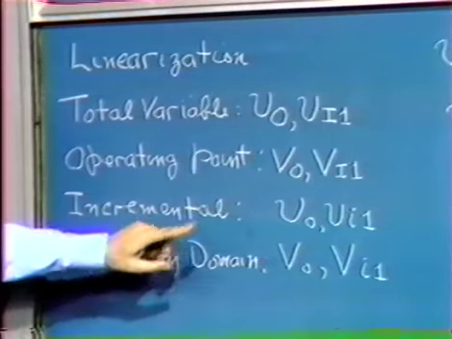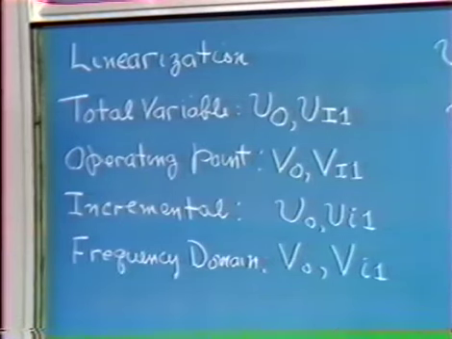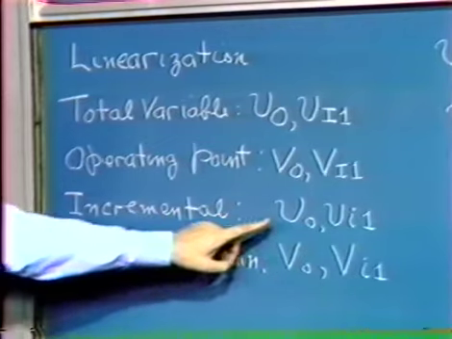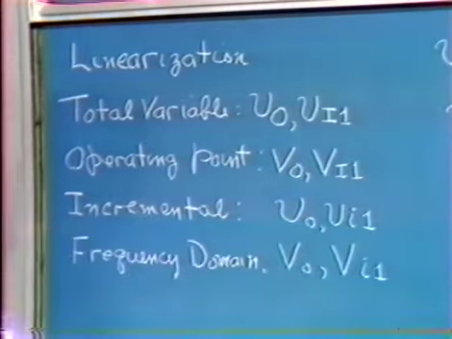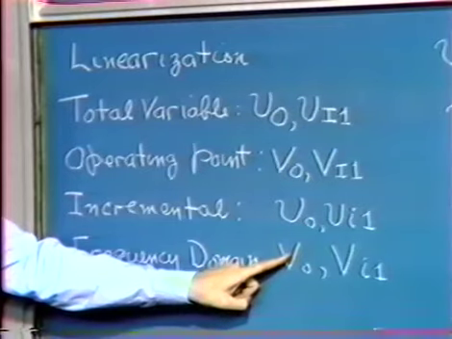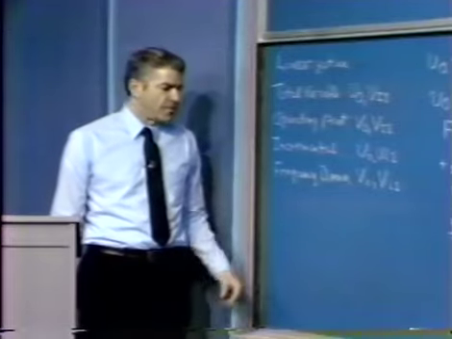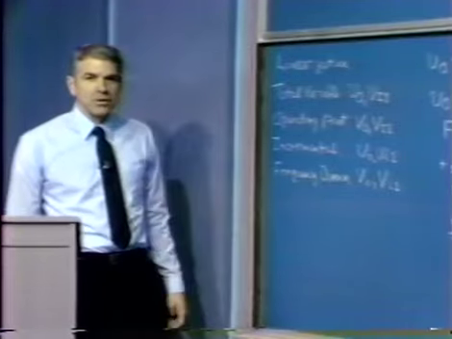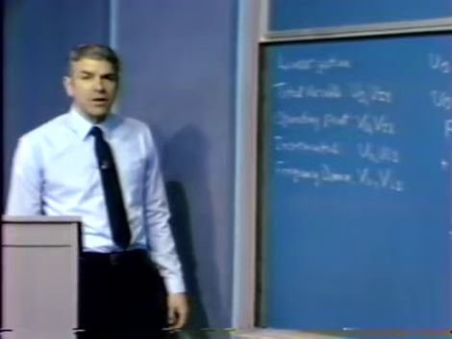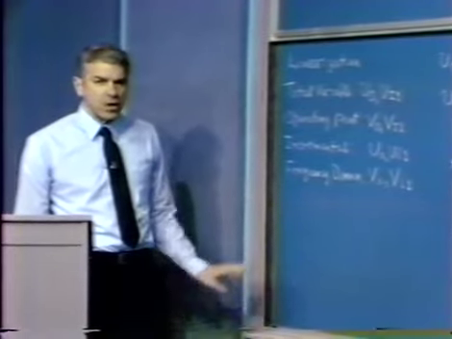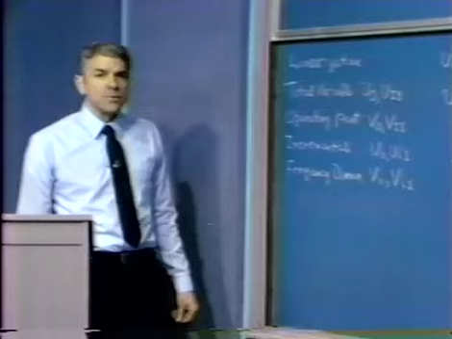We use lowercase for both the variable and the subscript to denote incremental variables, as shown. And the 4th permutation, which combines a capital variable with a lowercase subscript, indicates a frequency domain representation, either a complex amplitude or the Laplace transform of a variable or something like that. So that permutation we use to designate a frequency domain representation.